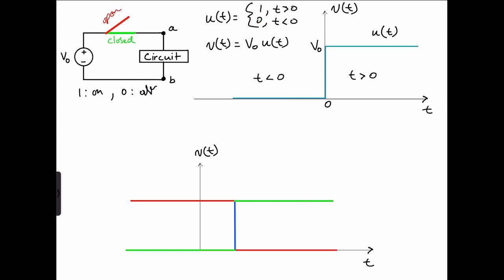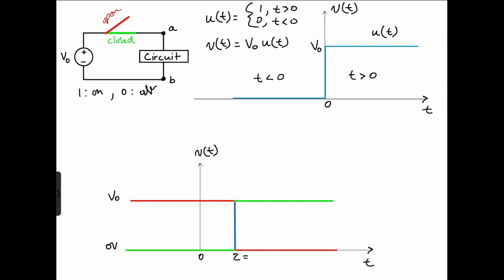So let's talk about the closed case. Before the switch is closed, there's no current, there's no voltage being supplied to that circuit. So down here, let's put 0 volts, and V0 above, and let's put, say, 2 seconds right there.